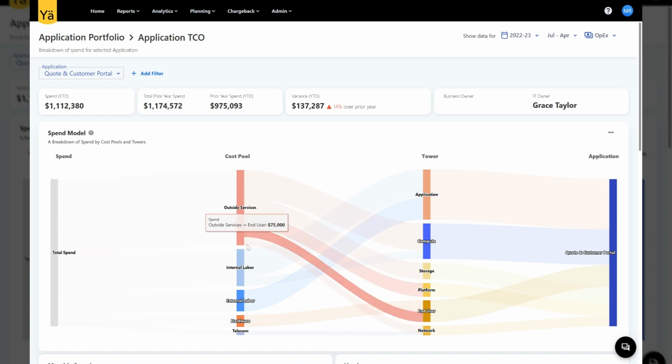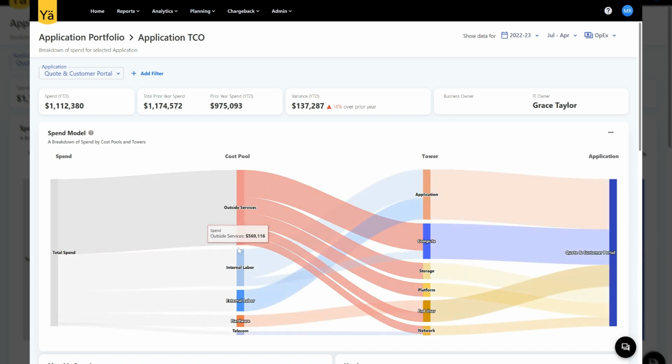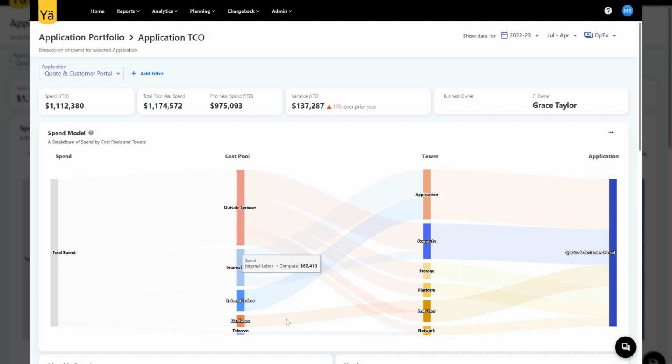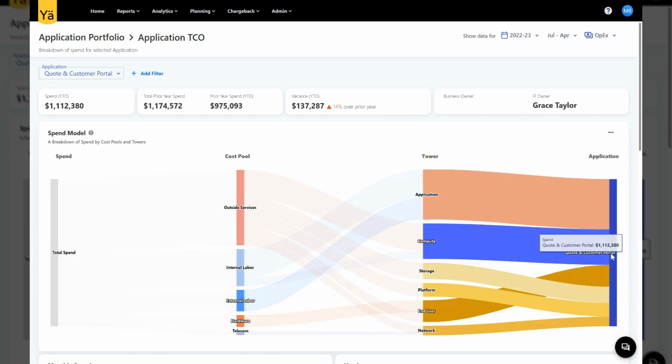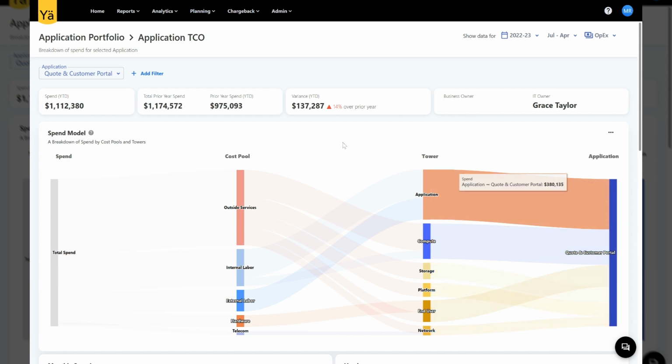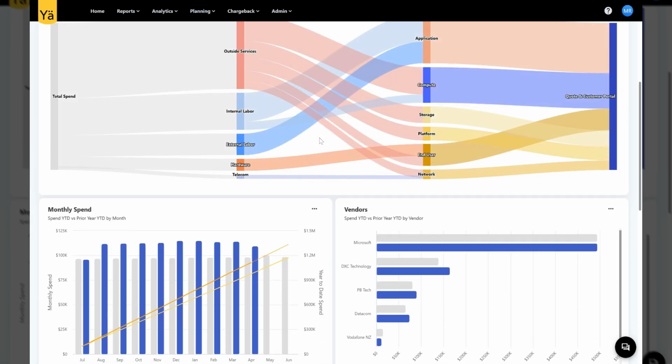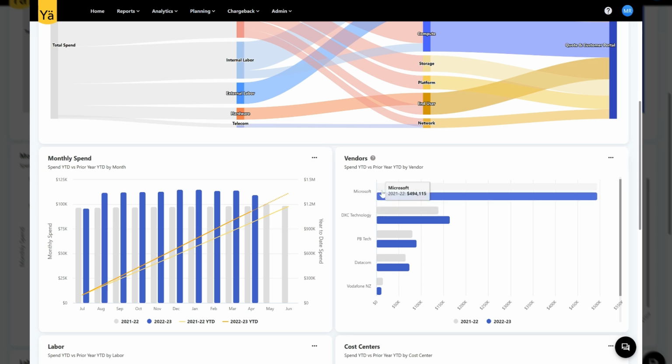And these are costs that are specific to the application. So it's our cloud cost, our cloud support cost, and our app support cost, all playing in concert, bringing the total cost of ownership for one application, our quote and customer portal. And then I get all my goodies around this. Okay, I see, well, it's Microsoft because I'm running it on Azure.